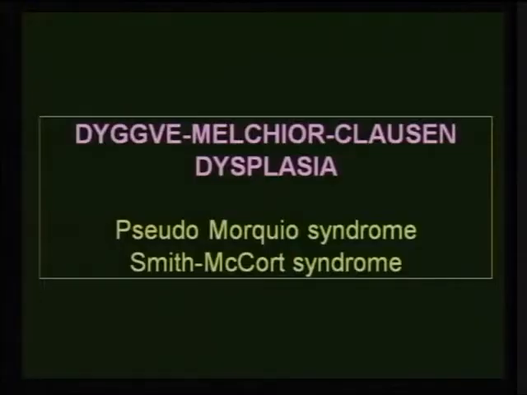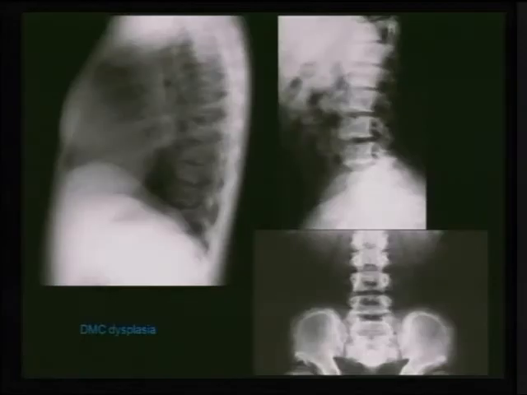It is Dyggve-Melchior-Clausen dysplasia. If you don't want to remember this difficult name, pseudomorquio is the other name for it, or DMC is known for the bone dysplasia. And this is very specific, but after the age of 16 years, you are going to miss the diagnosis because the iliac crest will change in shape and will start to fuse with the iliac bone.